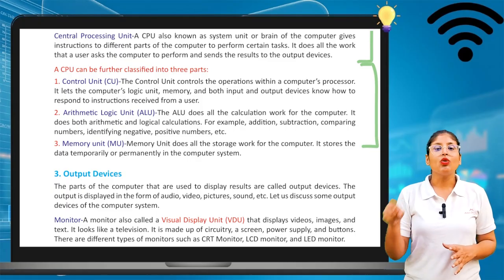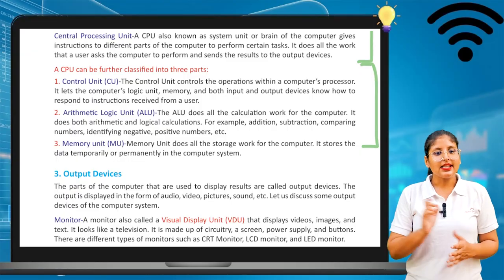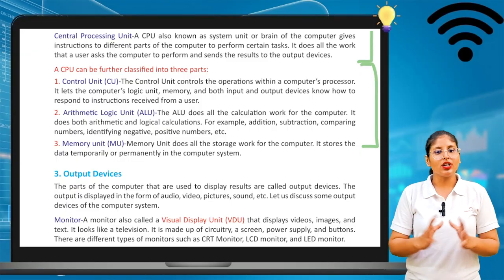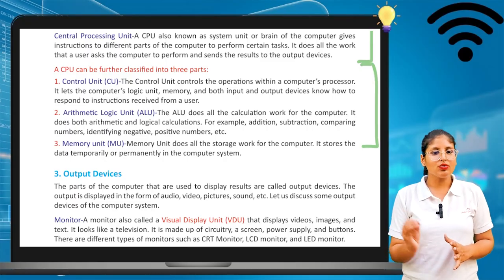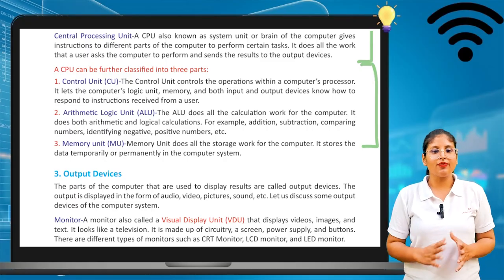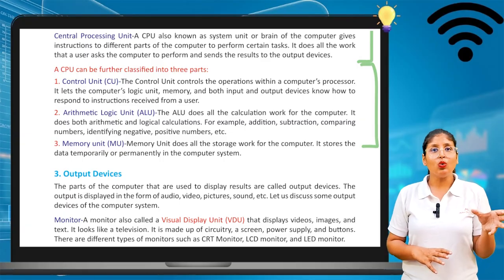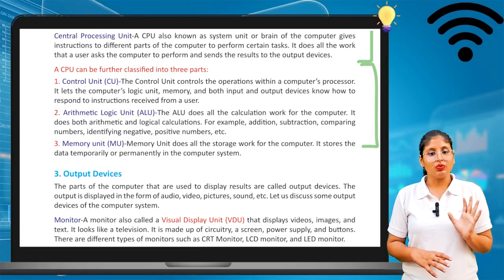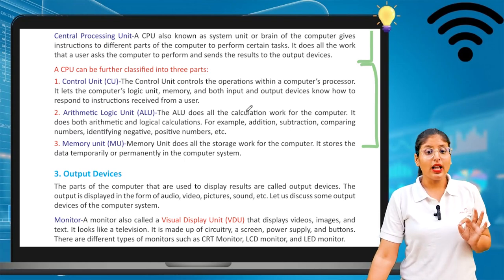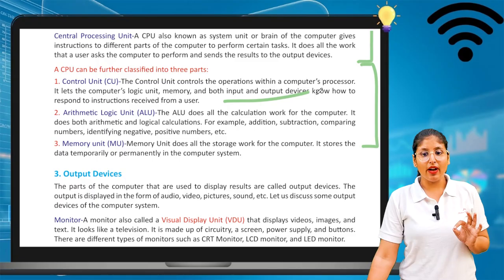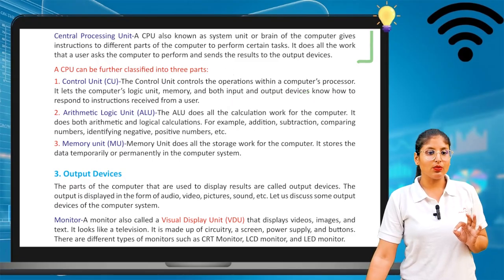It lets the computer's logic unit, memory, and both input and output devices know how to respond to instructions received from the user. Who does all these things? CU does. How to respond is managed by CU.